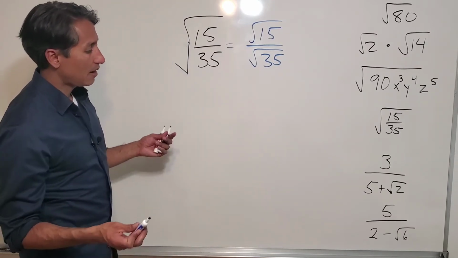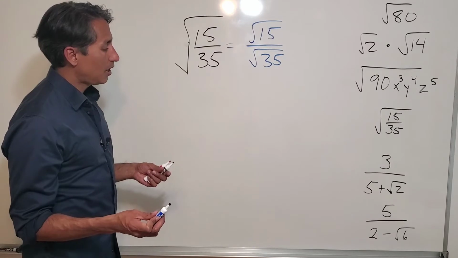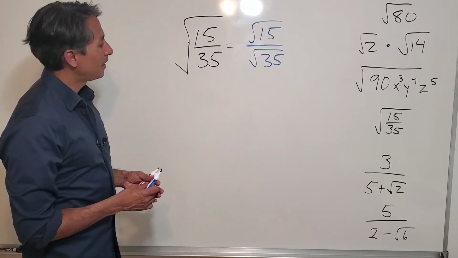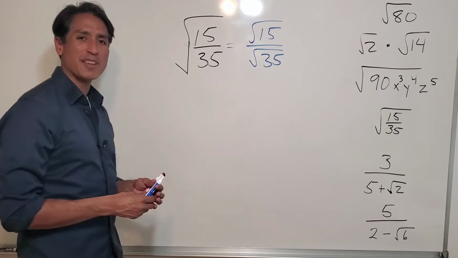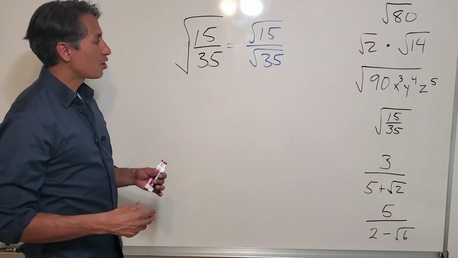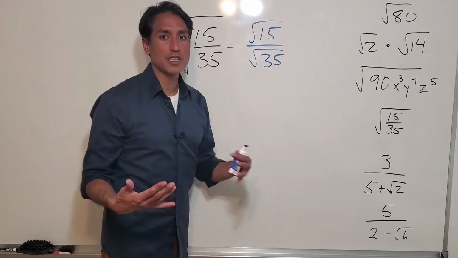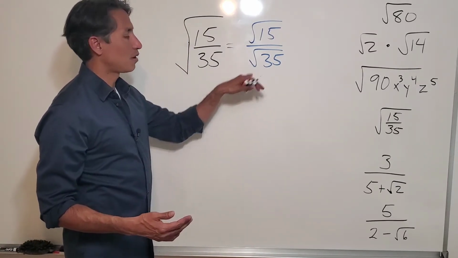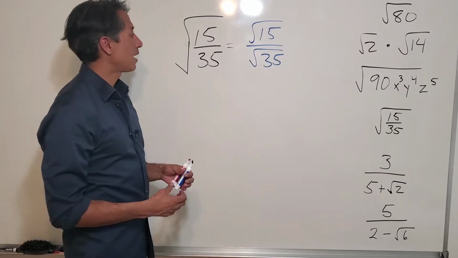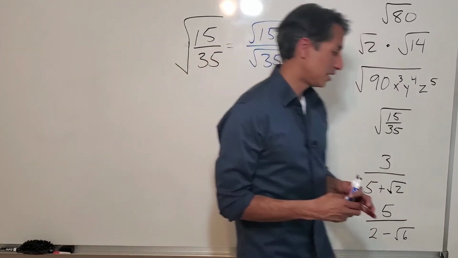And then from there, you look at it and say, can I do anything on the bottom? Well, maybe. Same thing with the top. Your goal when you're doing these, though, is very specific. Essentially, you're trying to get rid of your square roots on the bottom. That's part of the rule, I guess you could say.